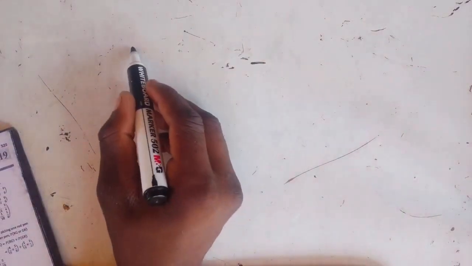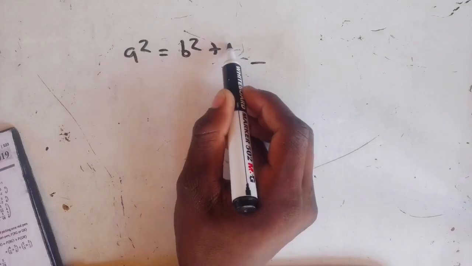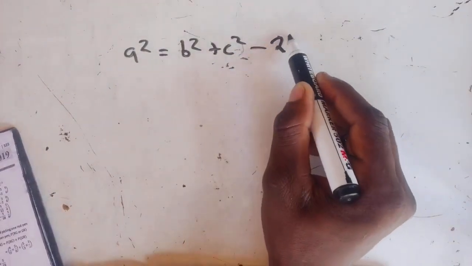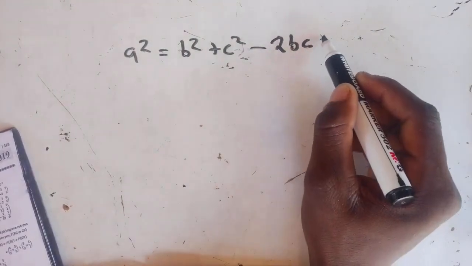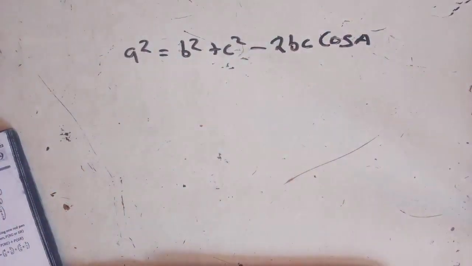The cosine rule says that A squared is equal to B squared plus C squared minus 2BC cos A.